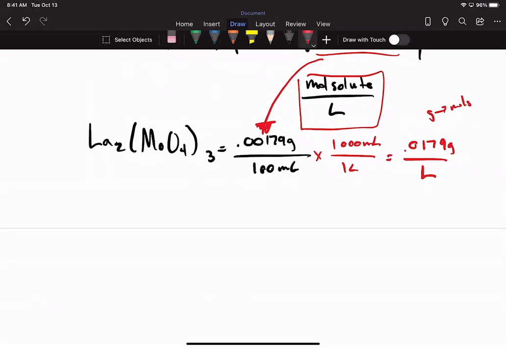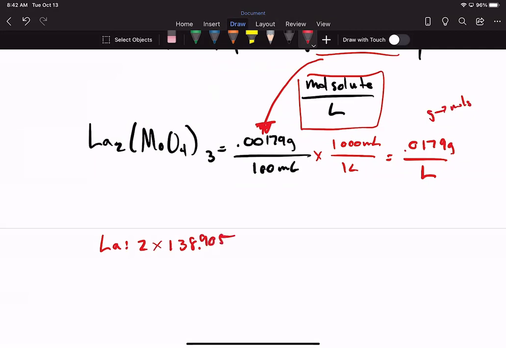So for lanthanum, let's get all these values together. How many do I have? I have 2 times 138.905.